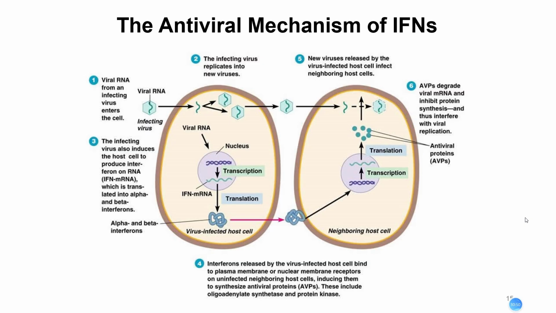If there is virus infection, those proteins can degrade the viral messenger RNA and also inhibit protein synthesis. Once the protein synthesis and messenger RNA are inhibited, the virus cannot replicate in this host cell.